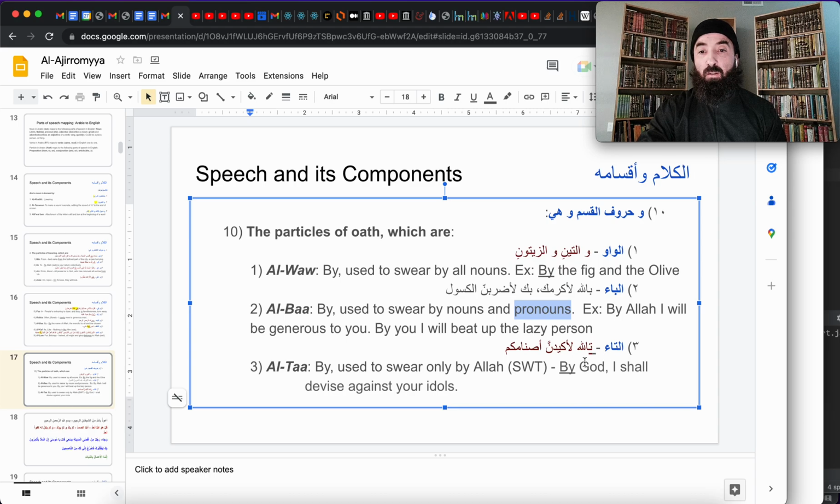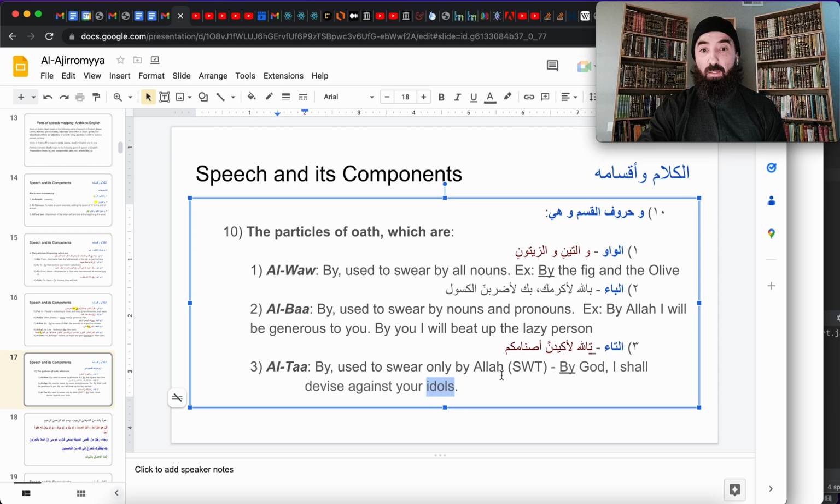And at-ta: tallahi la akidanna asnamakum. This is the last letter particle of oath, and the example that we gave is from the Quran. It means "By Allah, I shall devise against your idols."